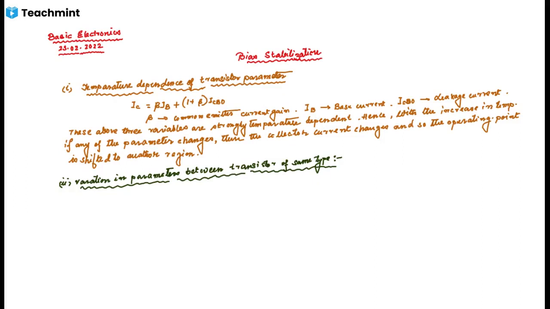Understand? So what will happen? Beta varies widely between transistors even of the same type.